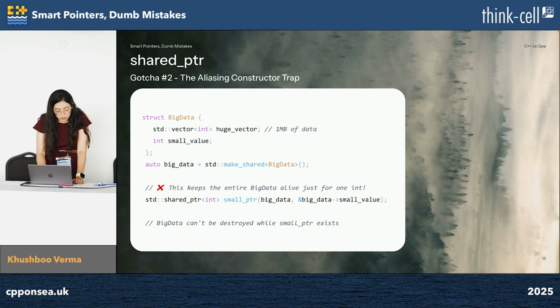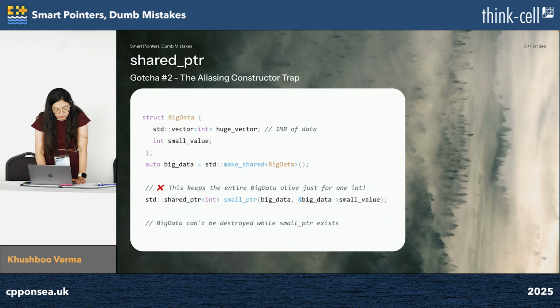If we talk about the code, I have a big data structure here, and inside it I have a vector which, let's say, is a huge vector. It could be 1 MB or 10 MB in size. And then I have a small integer value. I make the big data a shared pointer.